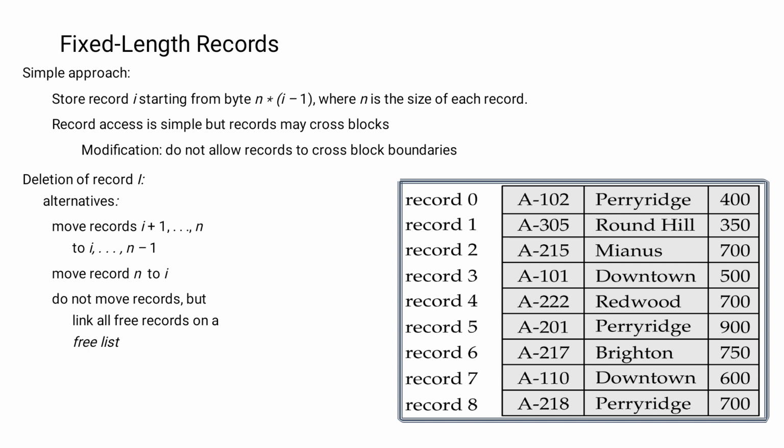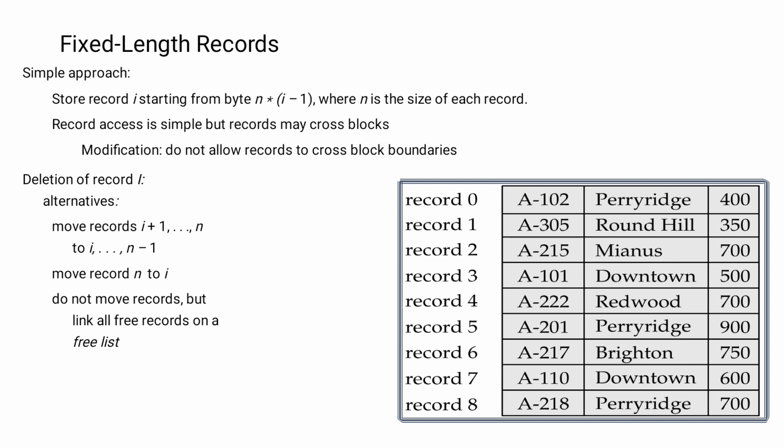It might be easier simply to move the final record of the file into the space occupied by the deleted record. But it is undesirable to move records to occupy the space freed by a deleted record, since doing so requires additional block access. Thus, we need to introduce an additional structure.